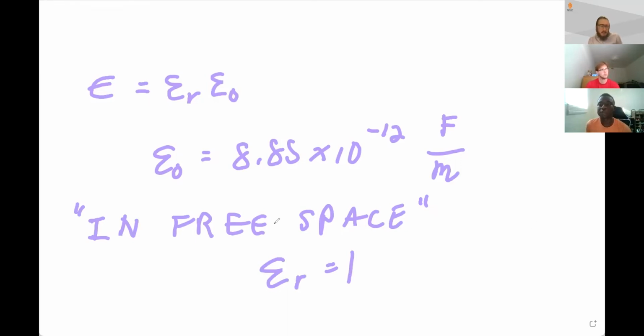And this permittivity, we'll talk about this more, but you could think about it as a way of describing how a material responds to being subjected to electric potential fields. Different materials respond differently. A material is made up of atoms and molecules. Those atoms have protons in the core, and electrons surrounding it.